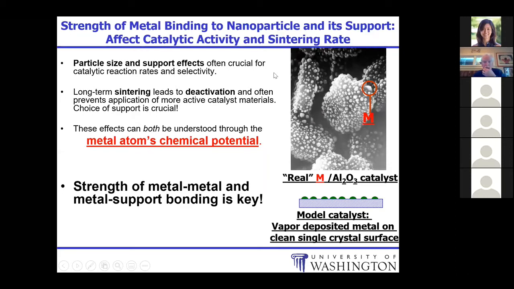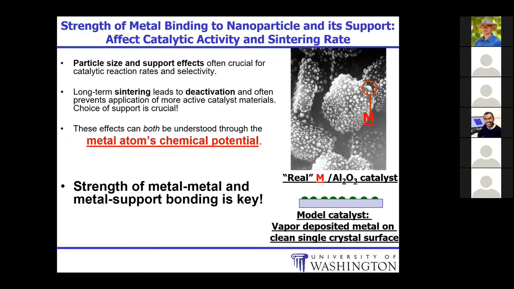And we know from experience that there are huge effects of particle size and of the support material on catalytic performance. And sintering is also a big problem in catalysis, and that is something that is of great interest to industrial catalysis people because of the loss of activity with time.